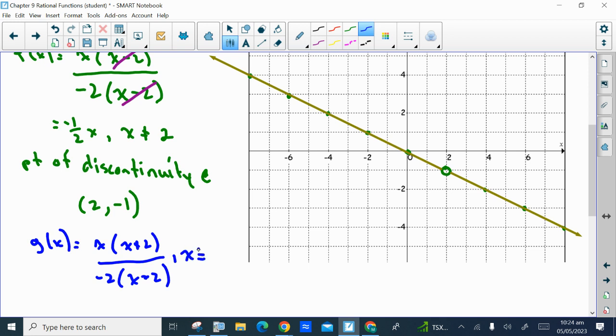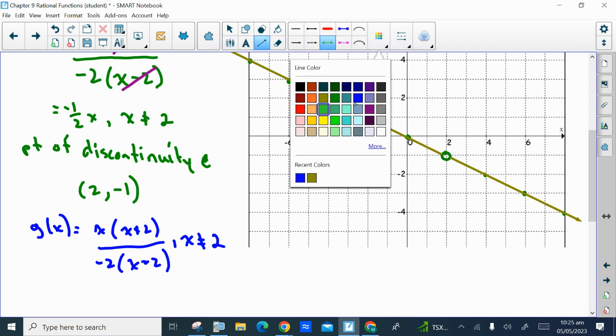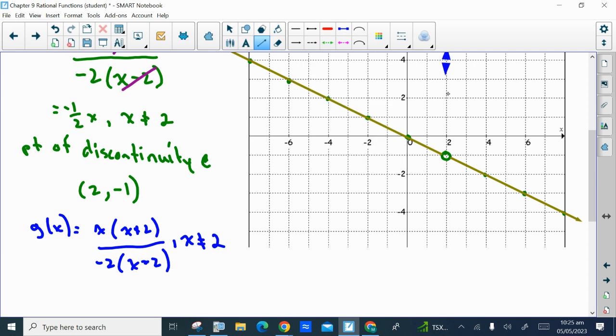So nothing cancels here. We still have the same non-permissible value of x can't equal 2. But now, because that factor x minus 2 didn't cancel, you're going to have a vertical asymptote at x equals 2 instead of a point of discontinuity.